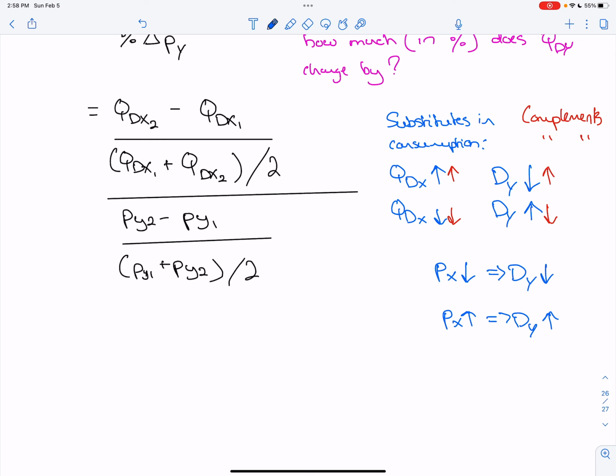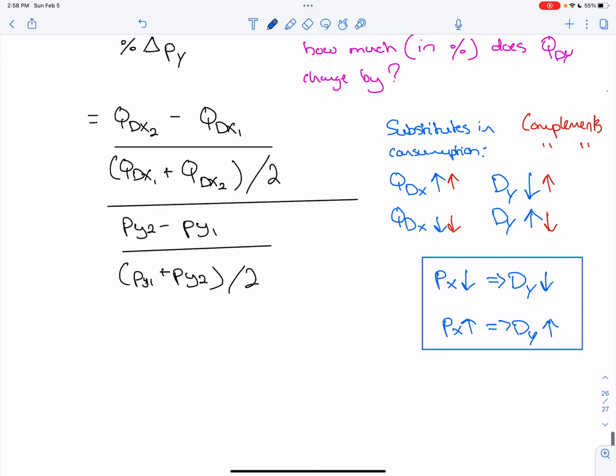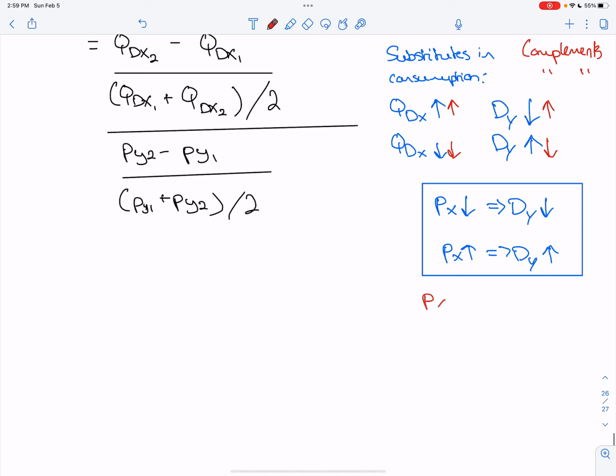Here are our two key relationships: when the price of X goes down, the demand for Y will go down, and when the price of X goes up, the demand for Y will go up. I'm not going to go through this whole exercise again for complements, but the end result would be the exact opposite. When the price of X goes down, the demand for Y would go up if the two are complements, and the opposite holds true as well.